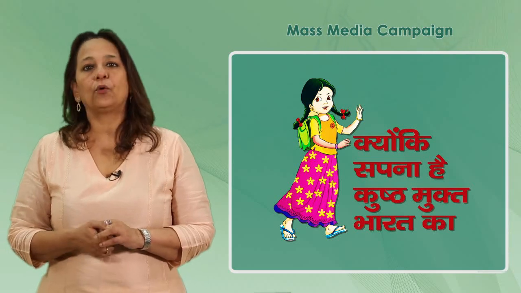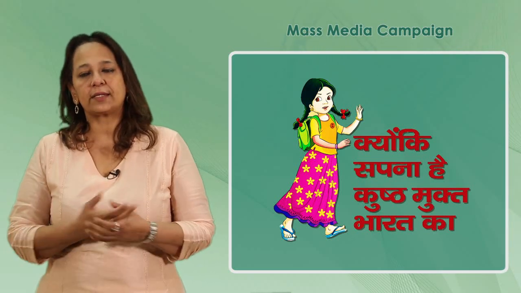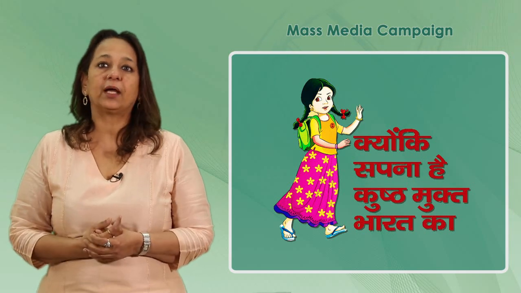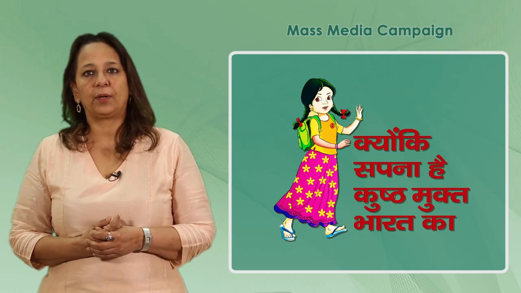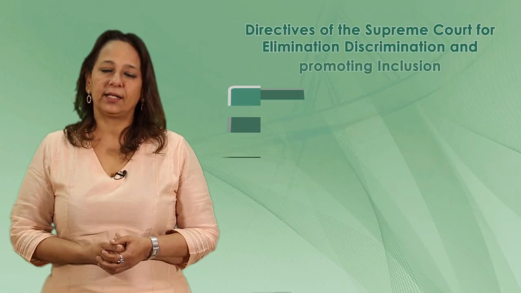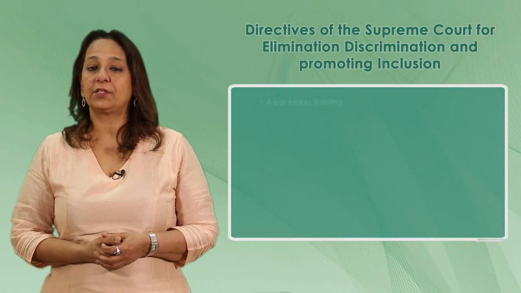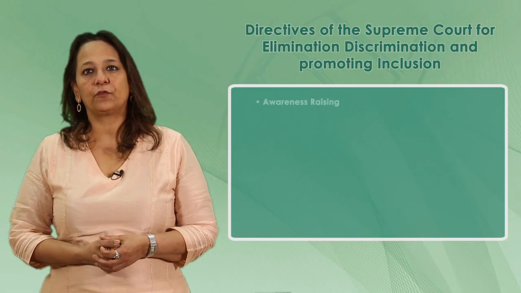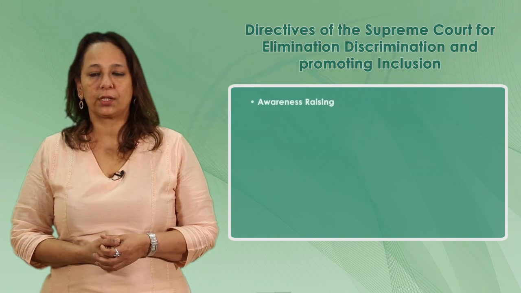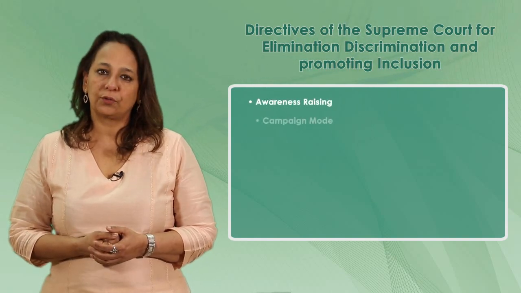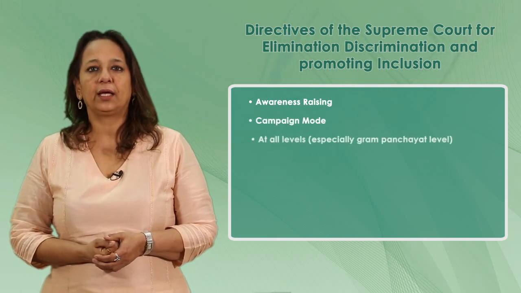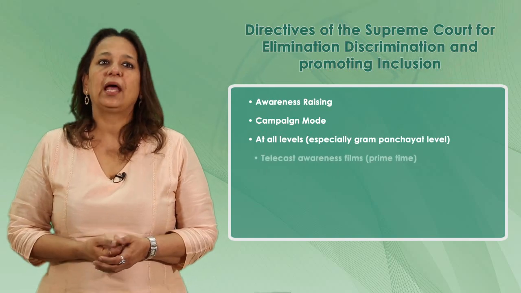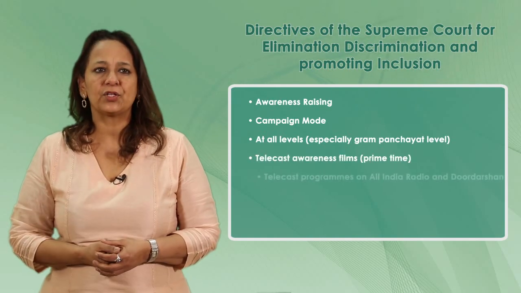Many of you are already aware that in 2018 NLEP launched a very large and massive media campaign, Sapna Hai Kushmukh Bharat Ka, and that was the tagline, Kyunki Sapna Hai Kushmukh Bharat Ka. In September 2018, the Supreme Court gave a directive for elimination of discrimination and promoting inclusion. The directive was to all the states and districts that they must do a lot of awareness raising, preferably in campaign mode at all levels, especially at the Gram Panchayat level.